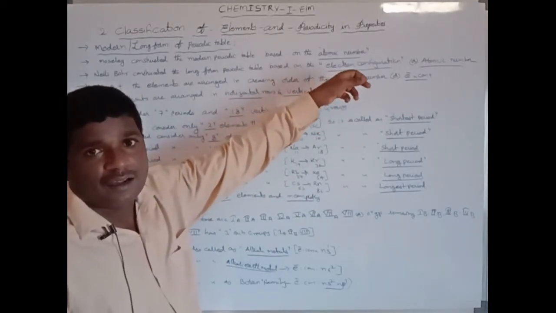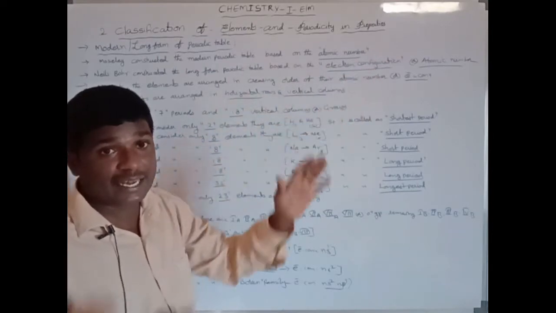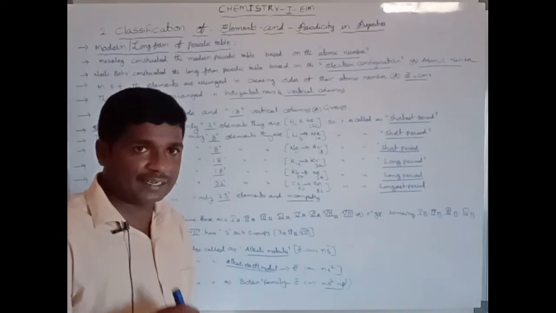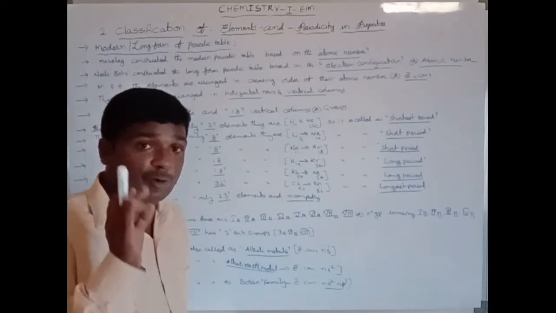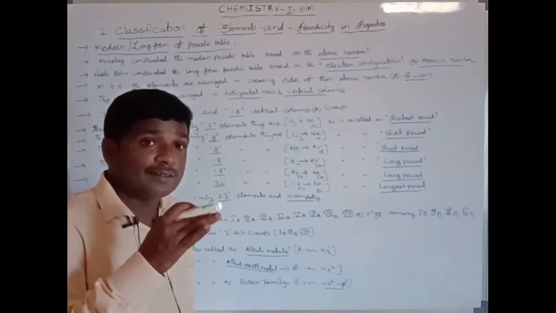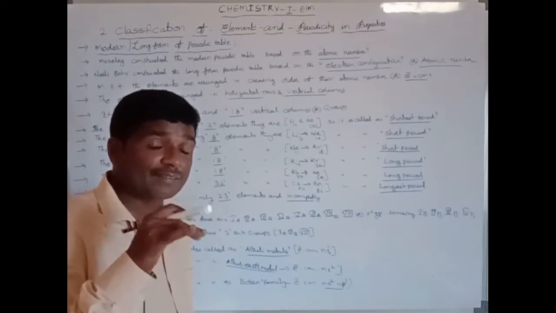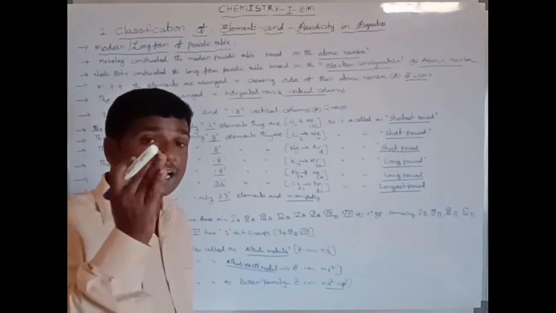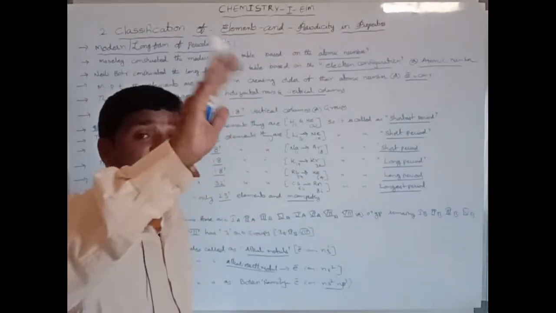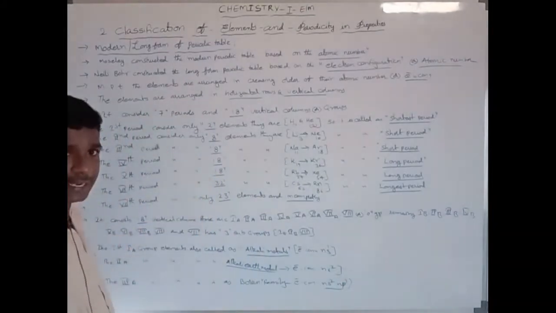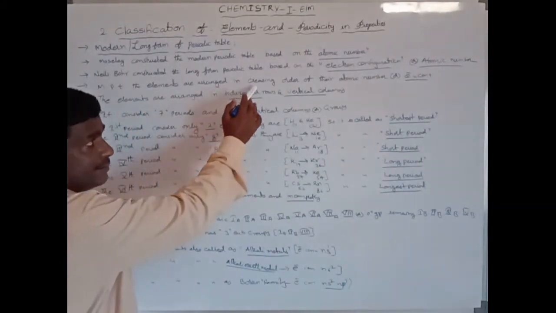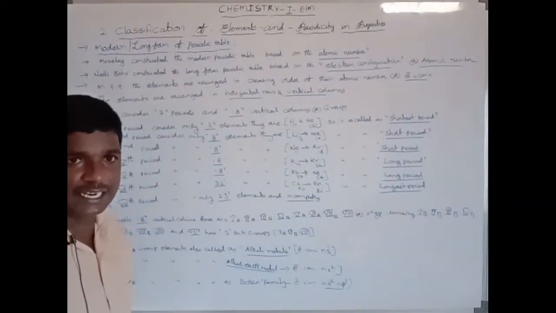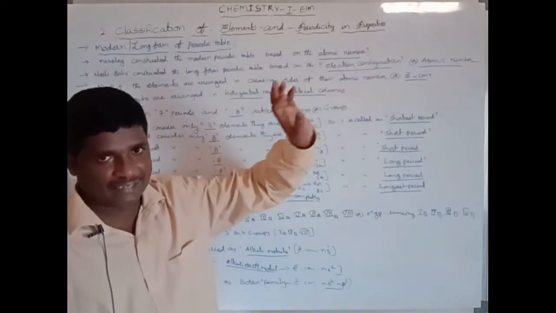But in the Mendeleev periodic table, the elements are arranged in increasing order of their atomic weight. But in the long form of the periodic table, the elements are arranged in increasing order of their atomic number or electron configuration.